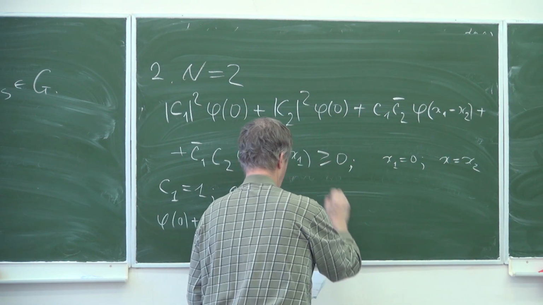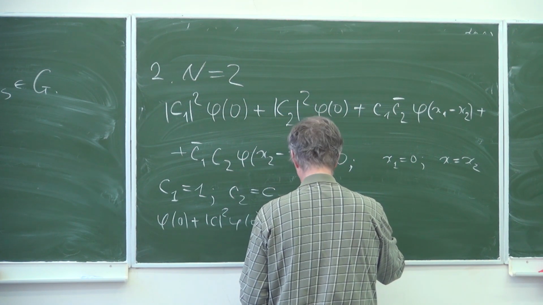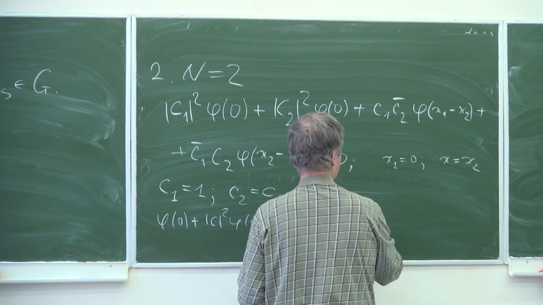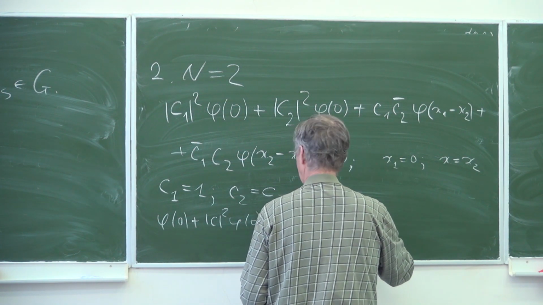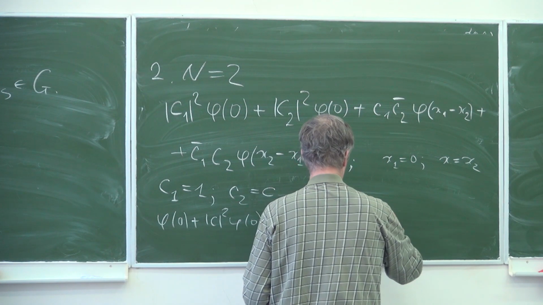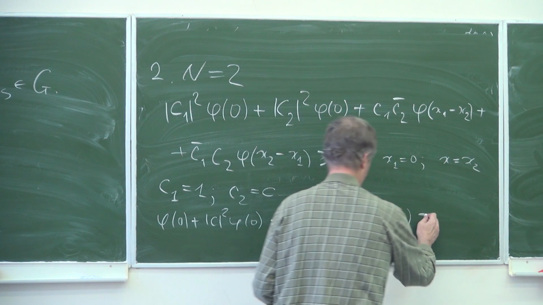So this will be minus x. Plus C phi of x. Okay, and this is non-negative.